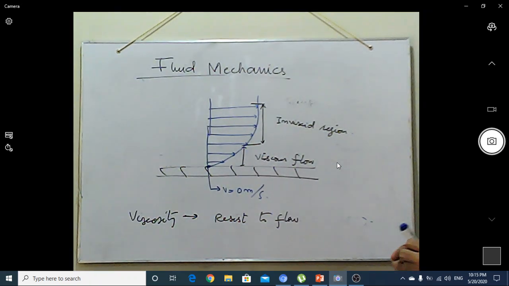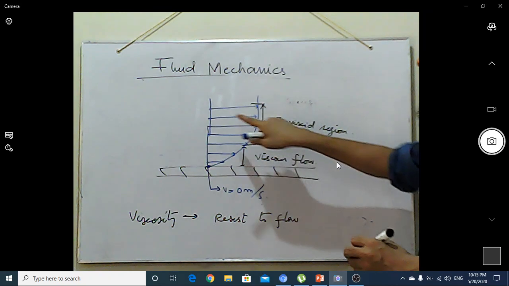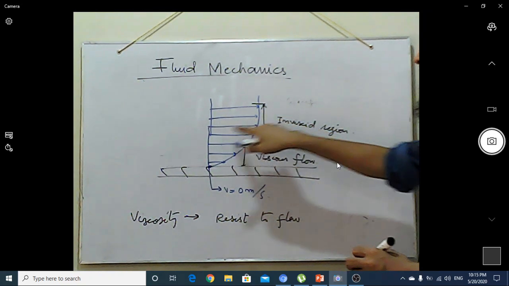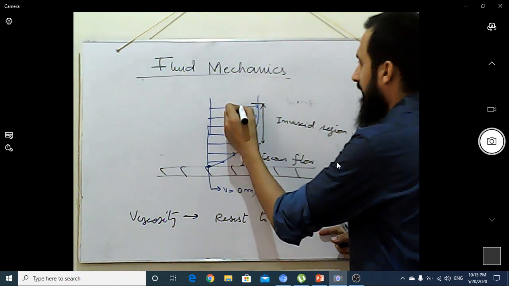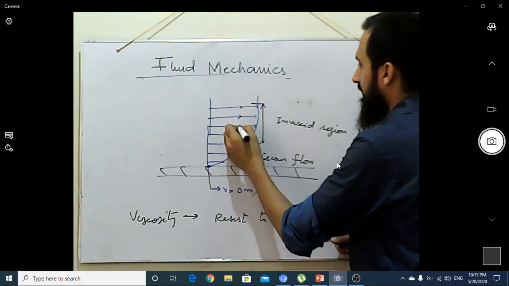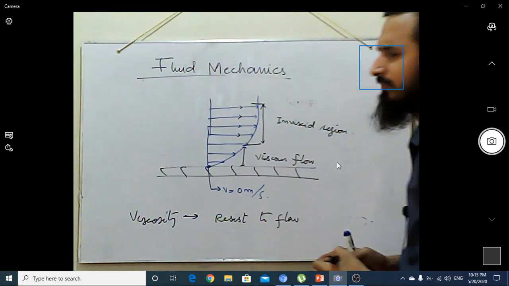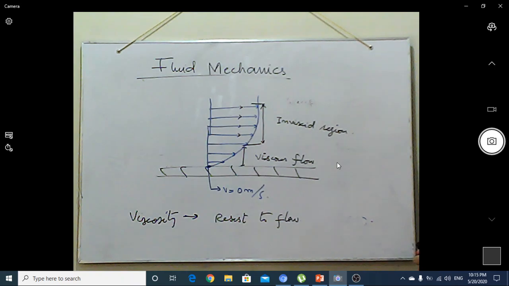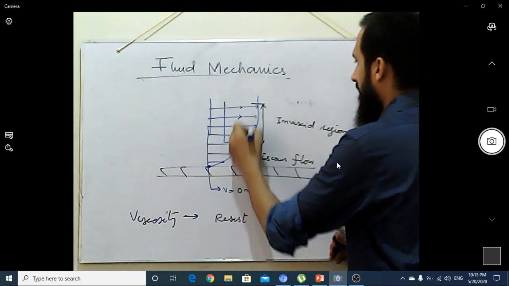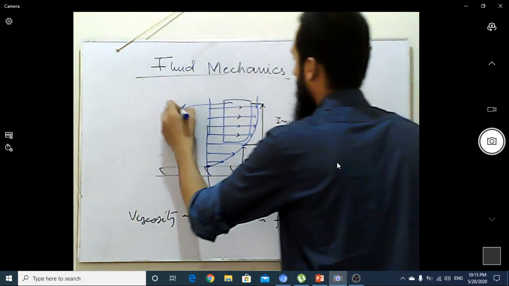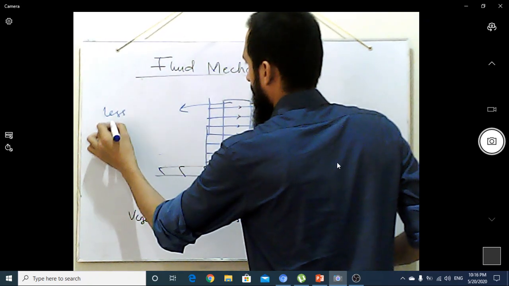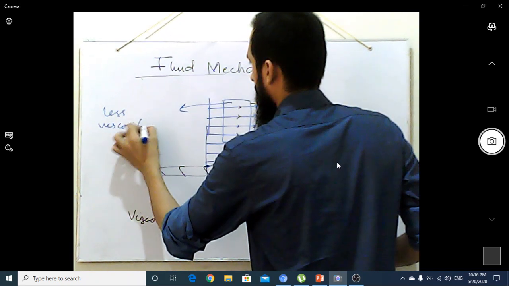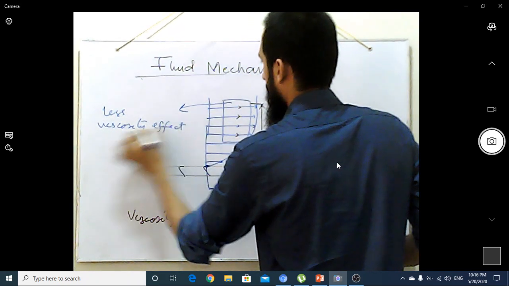As we can see in the diagram, the layers are moving in a certain direction over their surfaces, but here the layer has the same velocity as this layer and this layer, which has a very minor change in velocity, which shows that at this particular part the viscosity has not a very great effect at all. Less viscosity effect region.